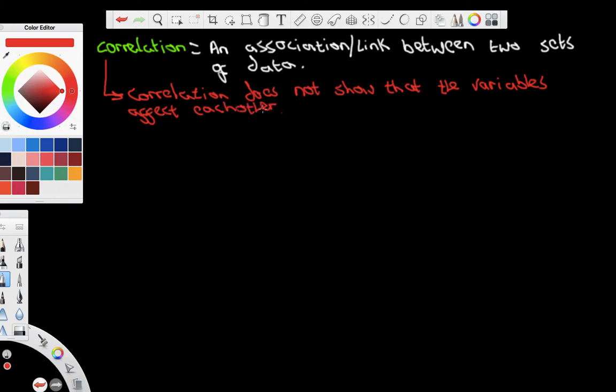Okay? So it doesn't show that they affect each other. We can say semicolon, other variables could be causing this correlation.